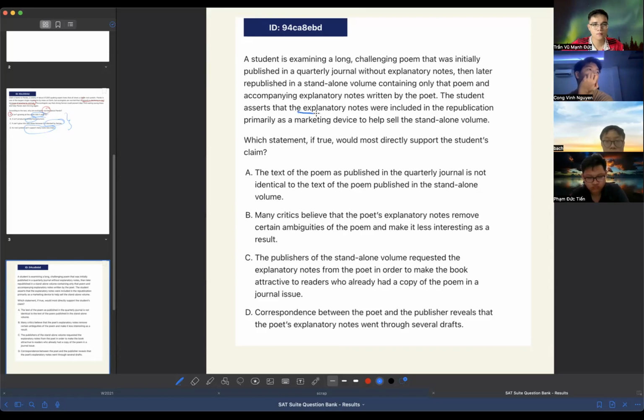The explanatory notes were included in the republication primarily as a marketing device to help sell the standalone volume. Okay. Explanatory notes were included in the republication primarily as a marketing device to help sell the standalone volume. So do you know what this means?